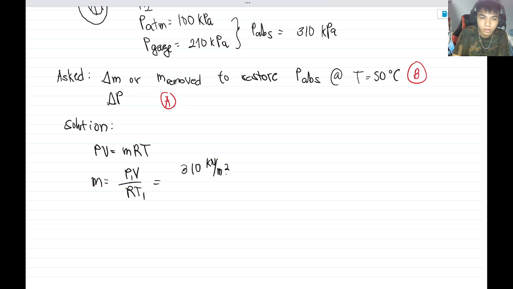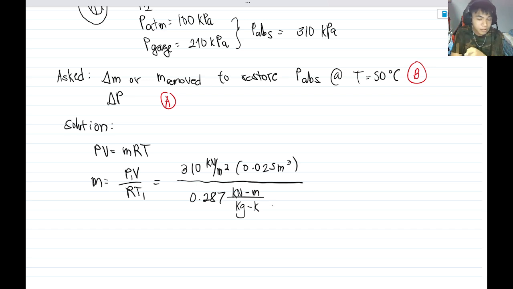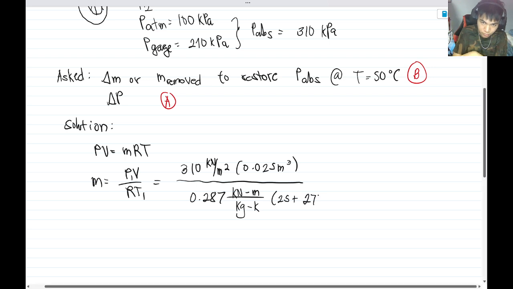kilonewton per square meter times the volume, 0.025 cubic meter, over R of air. This is for SI, kilojoule, so that's kilonewton meter per kilogram Kelvin. And then the temperature needs to be absolute. So this is 25 degrees Celsius plus 273 Kelvin.